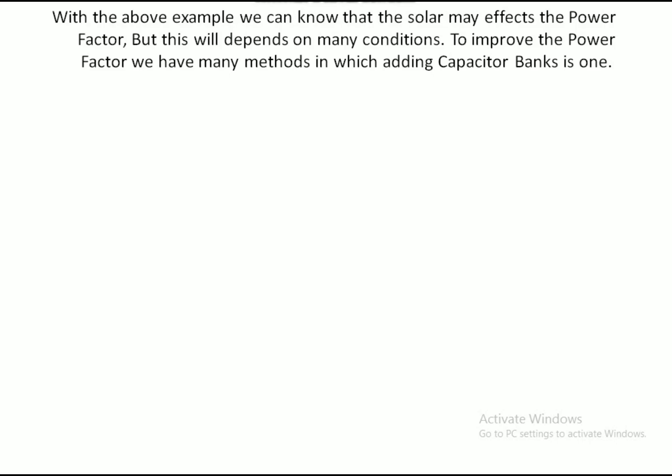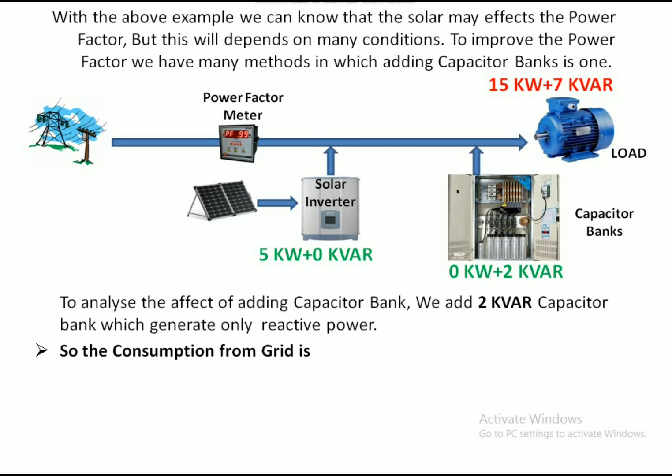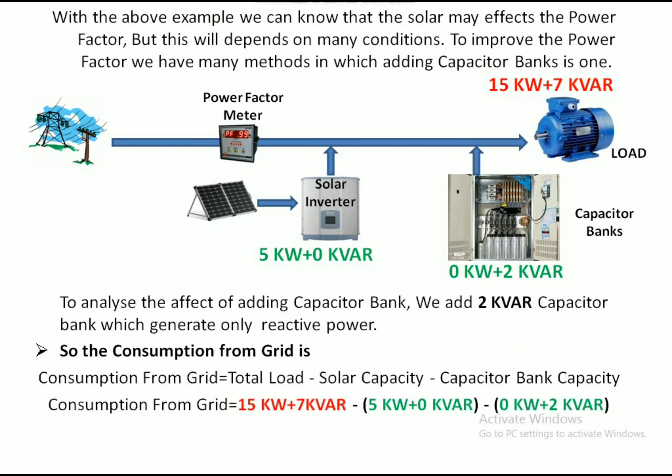To understand the role of capacitor banks in improving the power factor, we will add a 2 kVAr capacitor bank to the above system. As the capacitor bank acts as a source of reactive power, it shares the reactive power load. So the consumption from the grid is equal to total load minus solar capacity minus capacitor bank capacity. Consumption from the grid is equal to 15 kW plus 7 kVAr load minus 5 kW solar power minus 2 kVAr capacitor bank power.